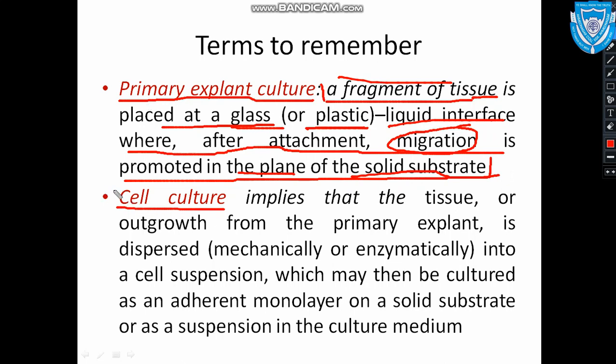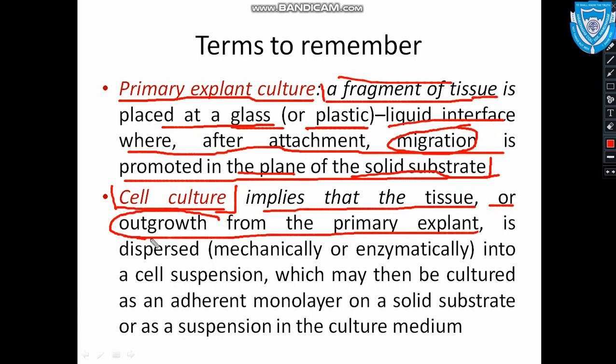Next term is cell culture. The cell culture implies the tissue or outgrowth from the primary explant. Now this is very much important. The cell culture and primary explant culture are completely different, guys.